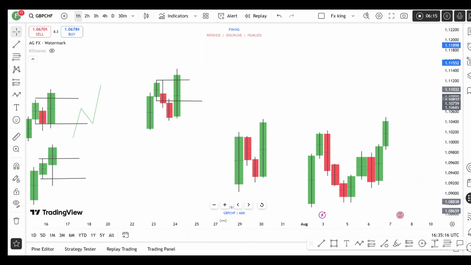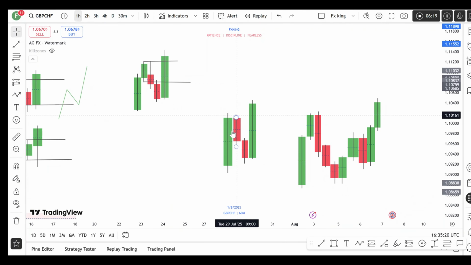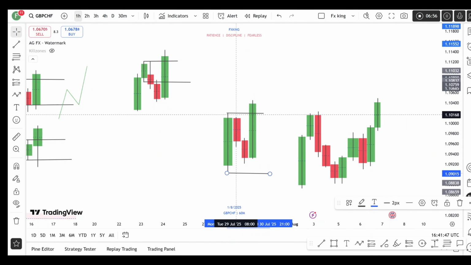Now let's move over to the next scenario. In this scenario, we have this bullish market. Coming over to this fourth example, we have this candle with a high and a low.